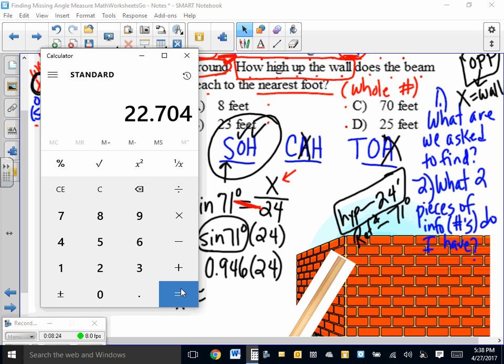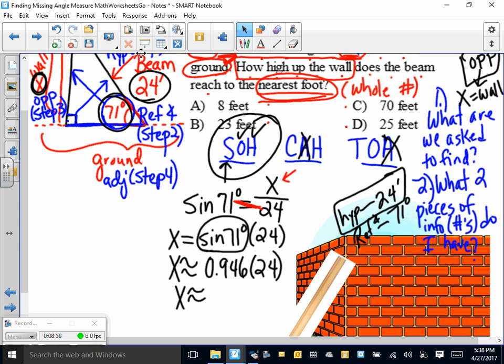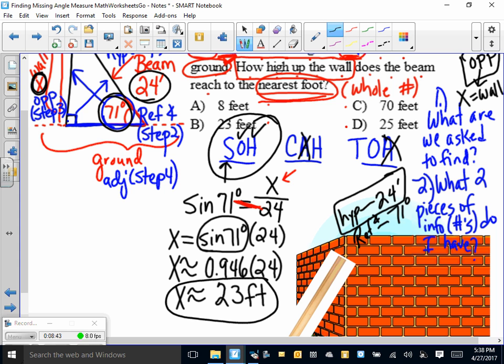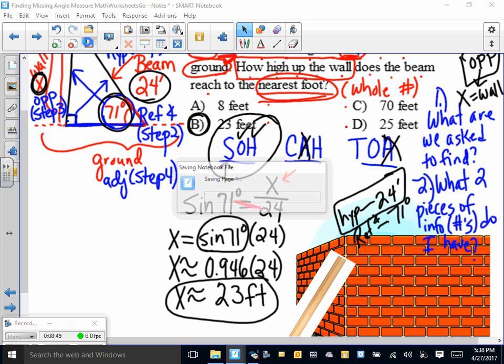Now it asks us to round to the nearest foot, so that means that the 7 is going to round the 2 up to a 3. So our answer is 23 feet, rounded to the nearest whole number, which is answer choice B.